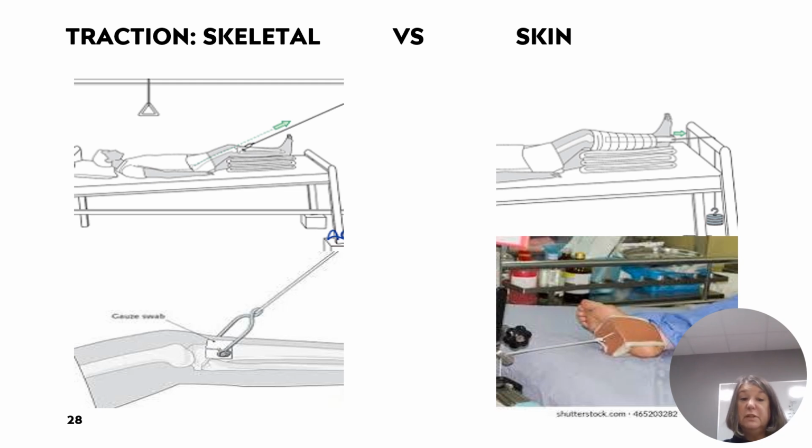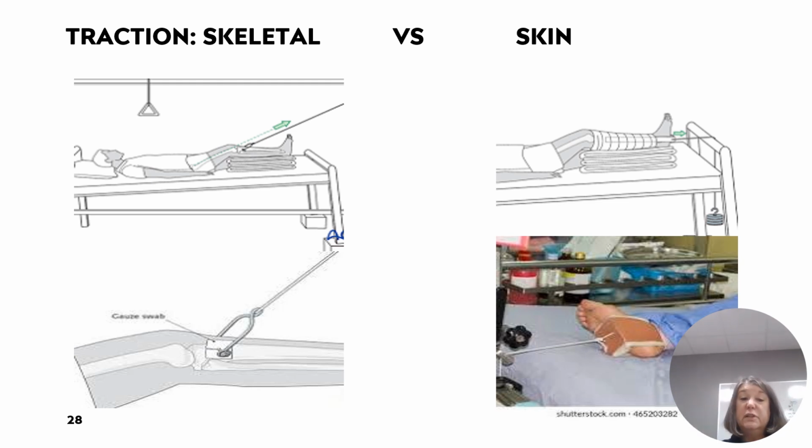Skeletal traction can use pins, tongs, screws, and wires that are surgically secured to the bone, and then weight is applied to provide realignment. Cervical traction is an example of skeletal traction, like a halo device. I don't know if you've ever seen somebody in a halo, but it's actually screwed into the skull, okay?